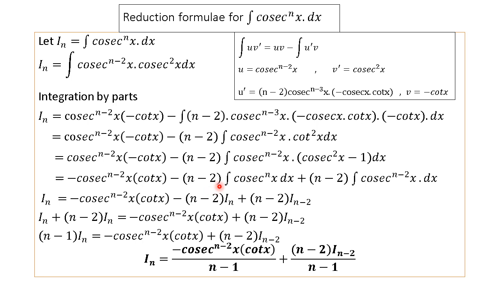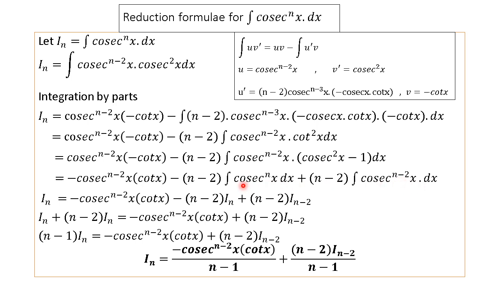Here we get minus n minus 2 into cosecant to the power n minus 2 x into cosecant square x, which is cosecant to the power n x dx, plus, minus of minus plus, n minus 2 into, multiplying this term with 1, integration of cosecant to the power n minus 2 x dx.